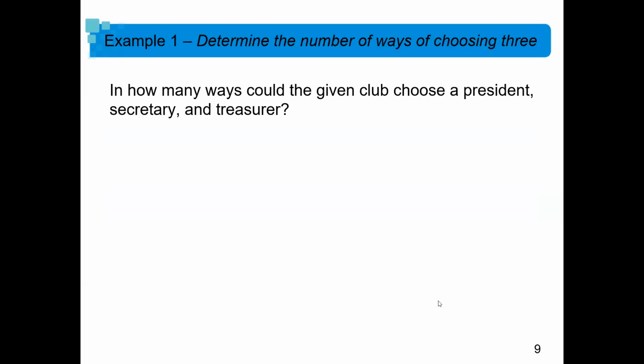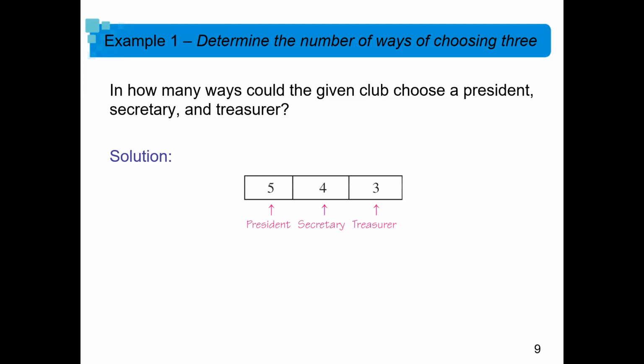So let's look at another example. Determine the number of ways of choosing three. In how many ways could the given club choose a president, secretary, and treasurer? So using the pigeonhole method, we start off with five possibilities for each of those members to be president.